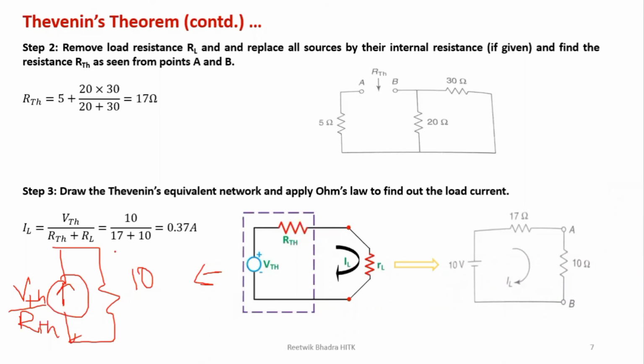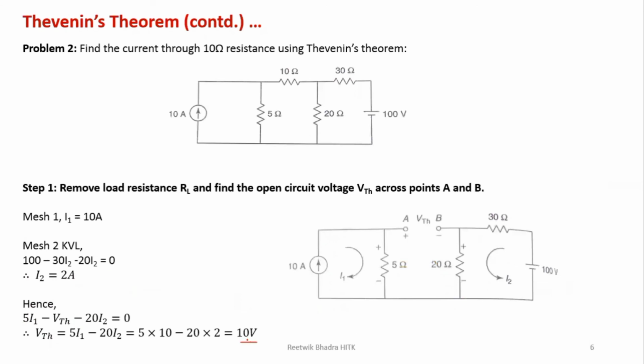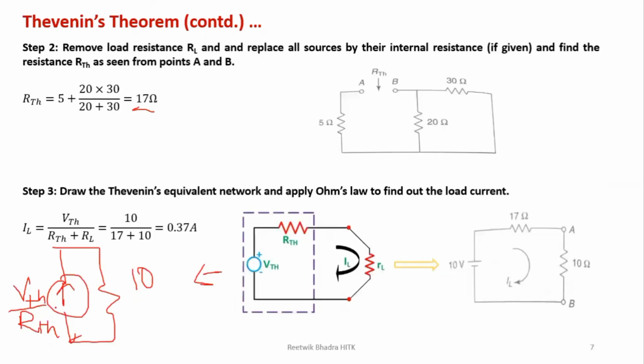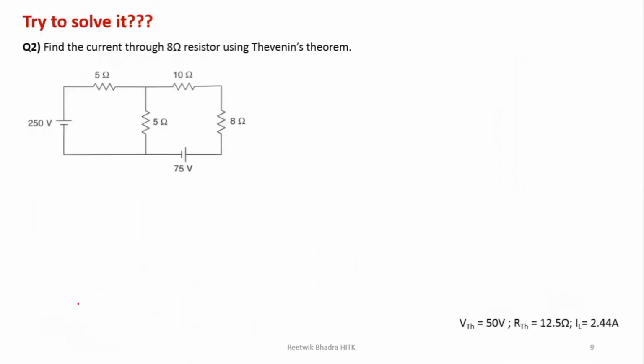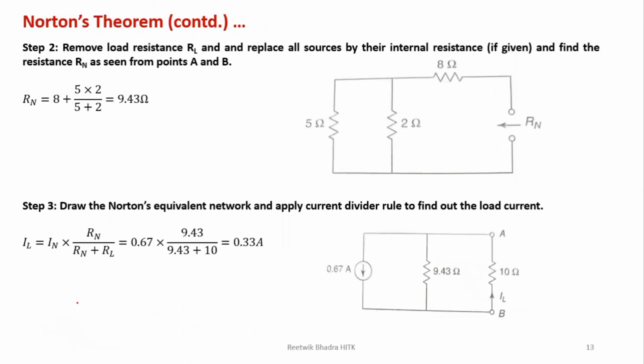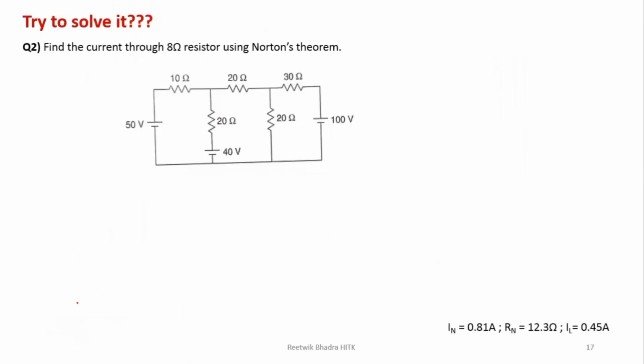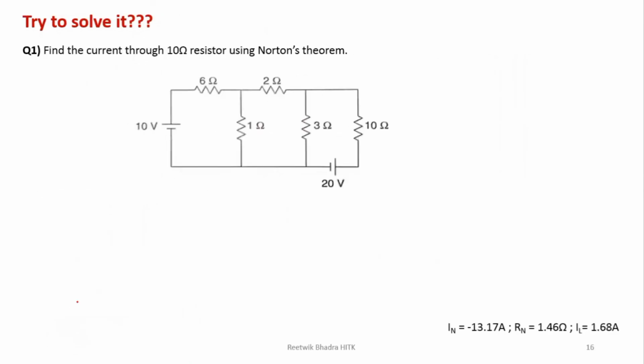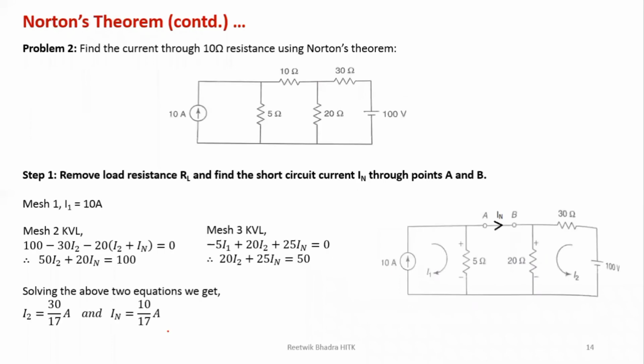RTH, right? What was VTH calculated? 10. So what was RTH calculated? 17. So what will be this current source value? 10 by 17 ampere. So the IN should be 10 by 17 ampere. So let's check what we have done. IN, how much it is coming? 10 by 17 ampere. Okay, so I did not have to do so many steps.